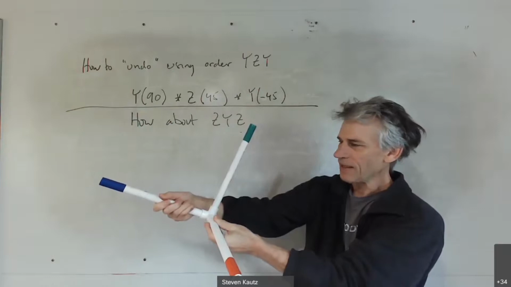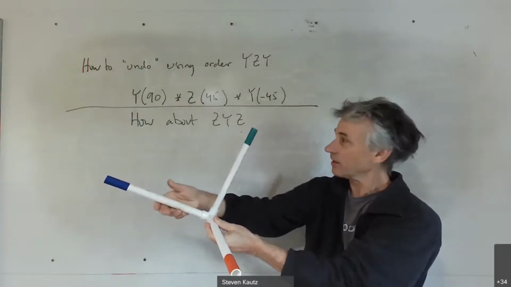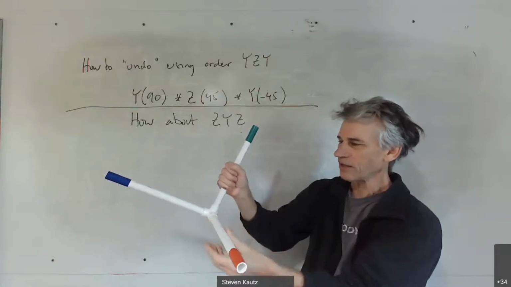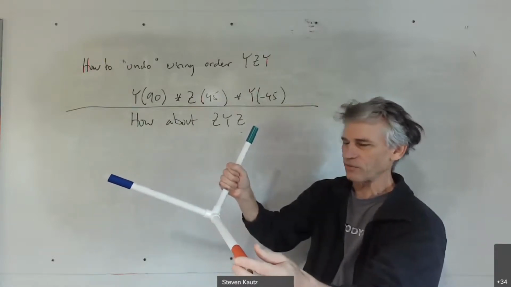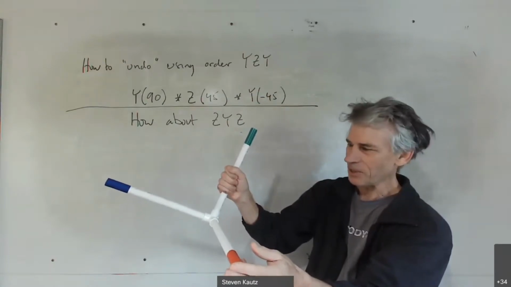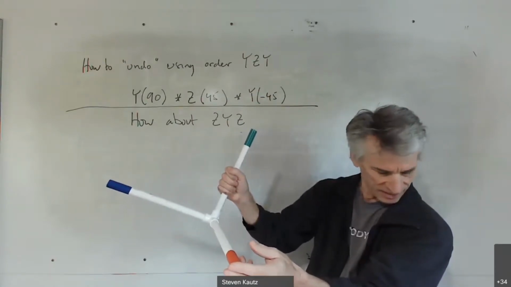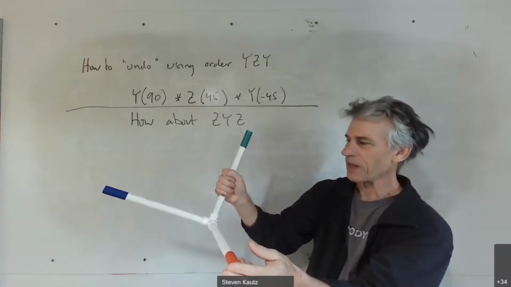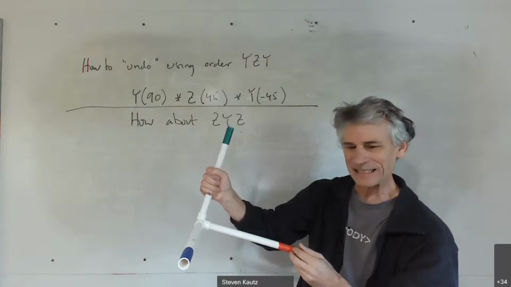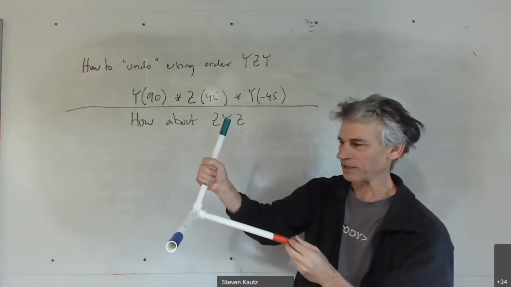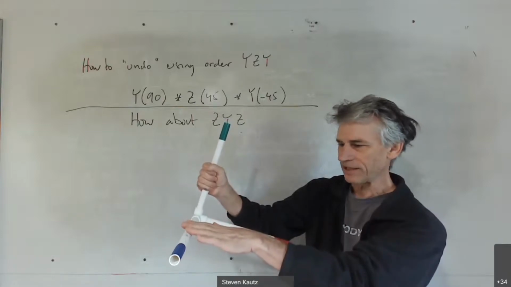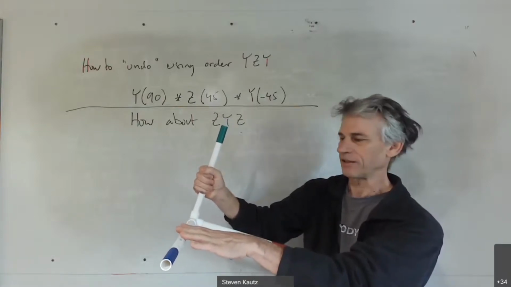Then we're allowed now to do a y rotation. If I do a rotation of some number of degrees, it's not necessarily obvious how much, I should be able to get the z-axis back where it belongs, in other words, back into the xz plane.